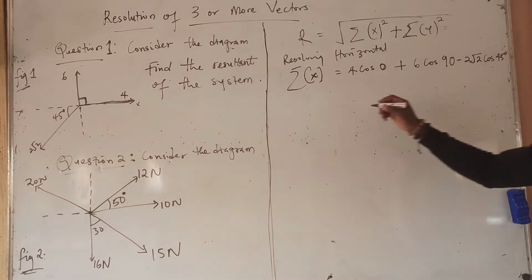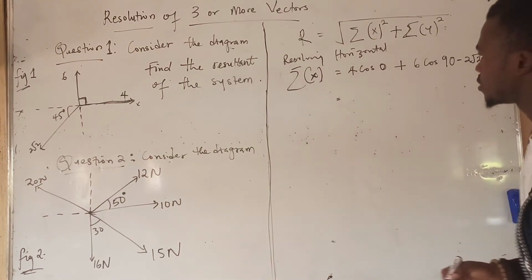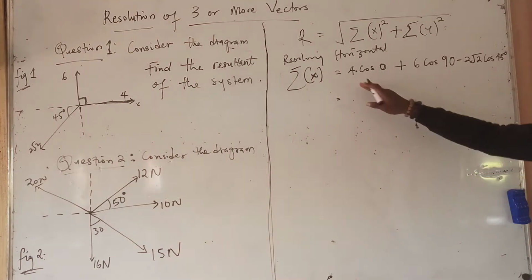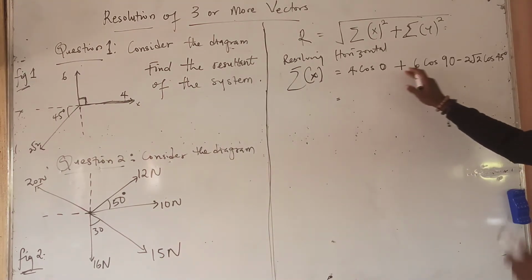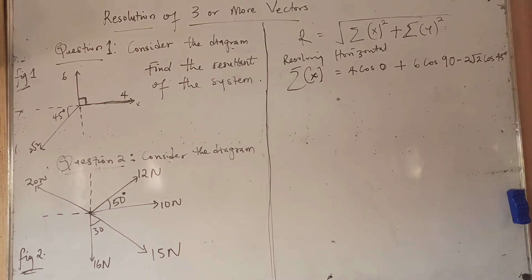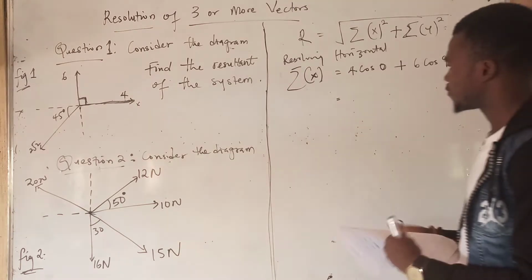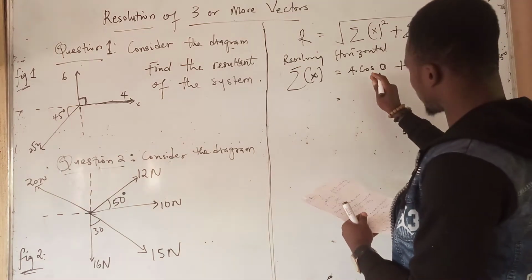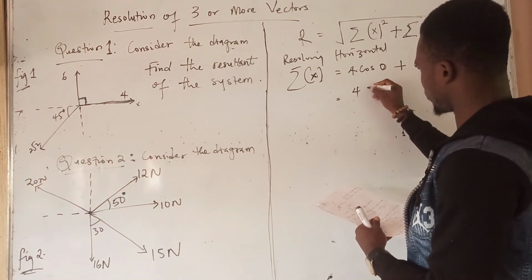Right. So now we check this: 4 cos 0 plus 6 cos 90 minus 2 root 2 cos 45. You can punch that in your calculator. So what do we have? Here 4 cos 0 is what?